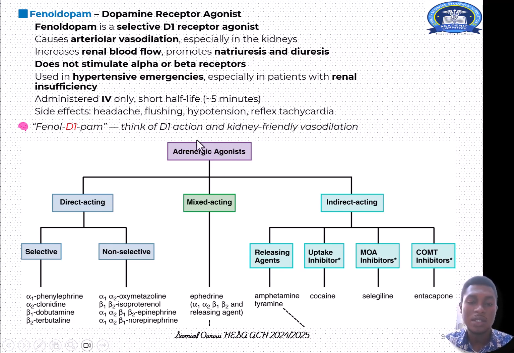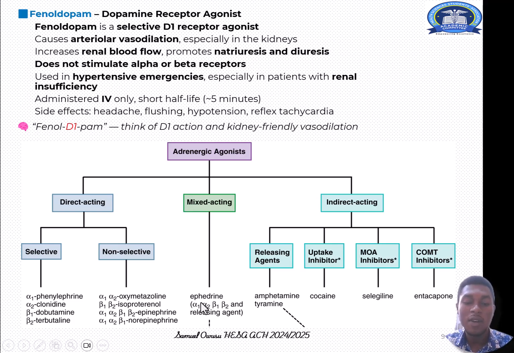This is what I talked about. There is the direct acting and there is the indirect acting. Direct acting ones could be selective or non-selective. Selective, we have alpha 1 selective, alpha 2 selective, beta 1 selective, beta 2 selective. Then we have the non-selective ones that bind to everything. Mixed acting, ephedrine is another agent that you want to remember.